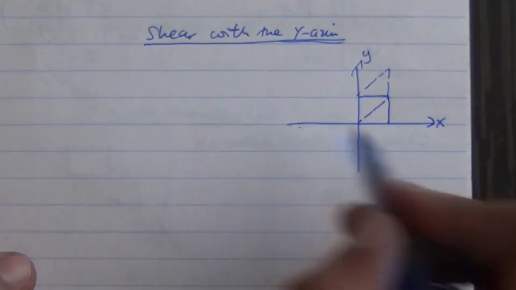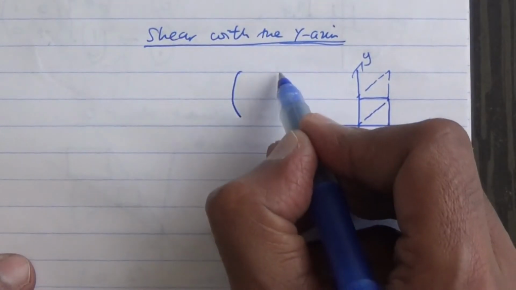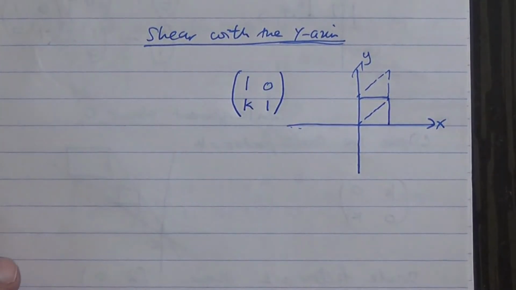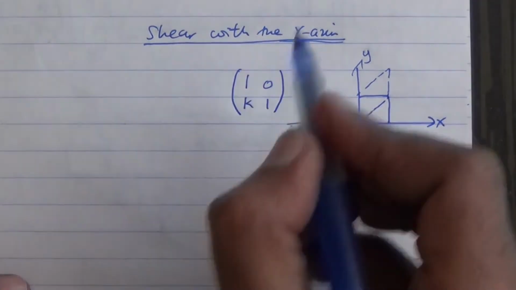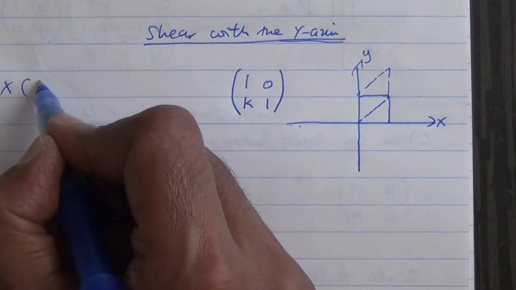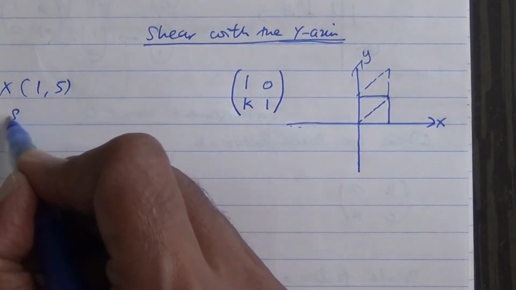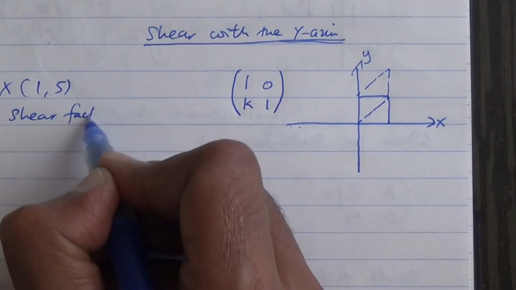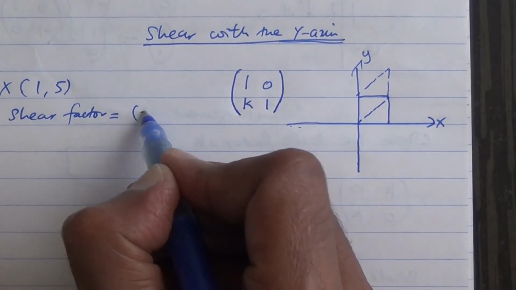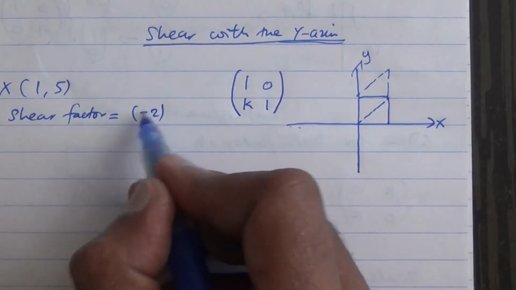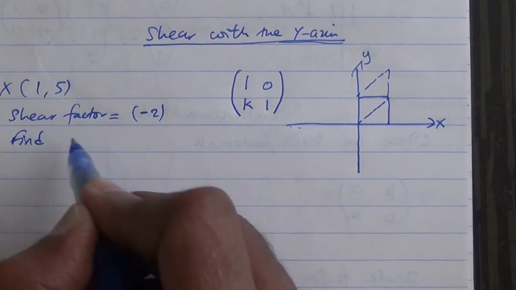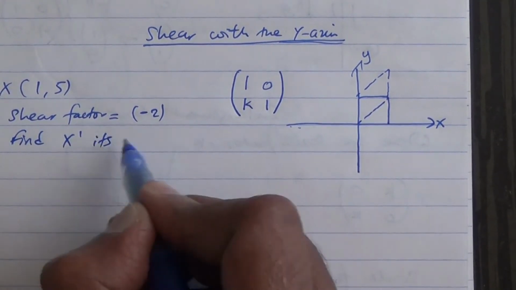And for a shear with the y-axis, the matrix is going to be equal to [1 0; k 1]. Hence, if you have, let's say, the same or maybe a different point, let's say the point x is (1, 5), and the shear factor is, let's say, -2. Okay, find x dash, its image.